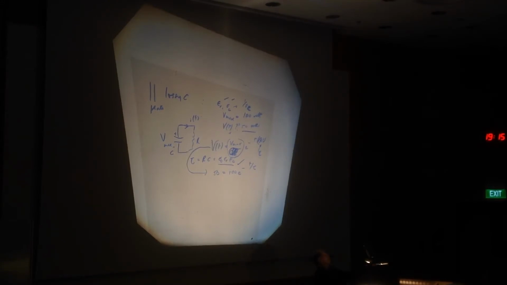If I go one step backward, earlier, I have to write down KVL or KCL for the circuit and end up with a differential equation, find the answer. I get the voltage which is decaying, Vmax exponential of minus t upon tau. Okay.